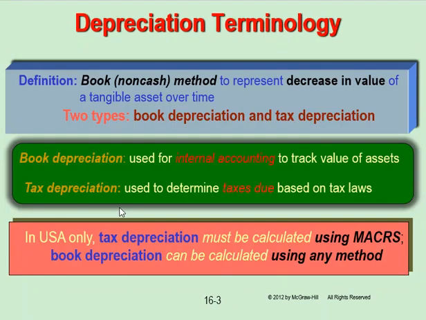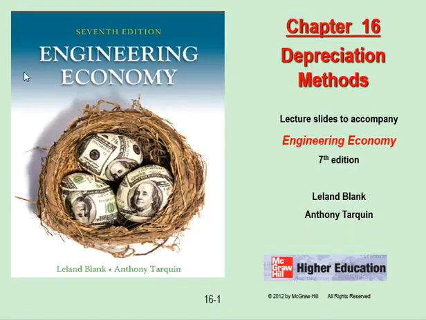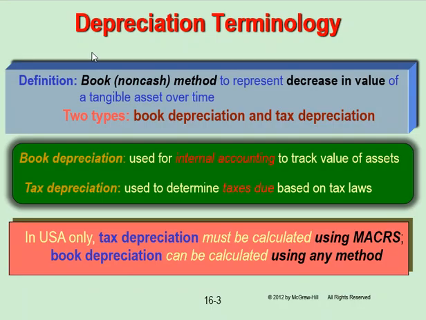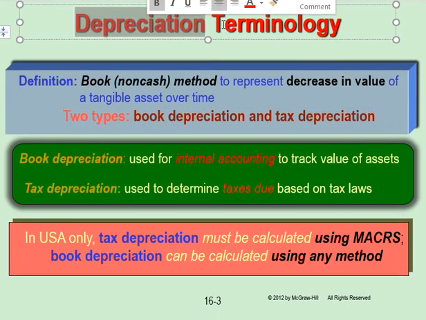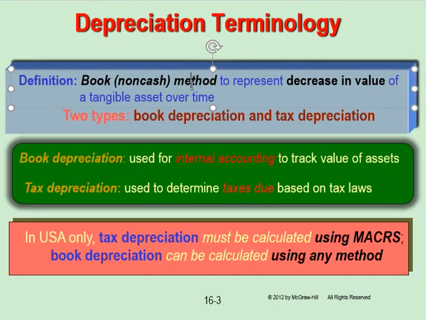So when we talk about depreciation, we consider stuff that we use, whether it's instruments, books, equipment, so many things that we use in our daily life, but not apartments or natural resources. So the definition of depreciation is, it is a book method, okay, non-cash.